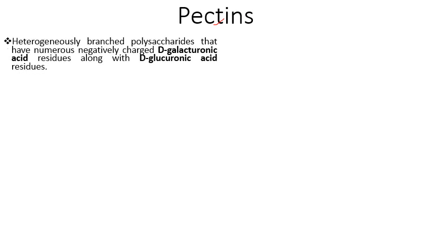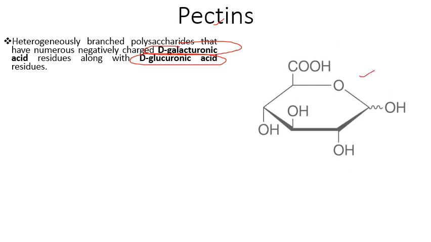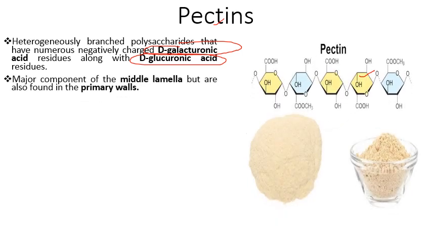This is a heterogeneously branched polysaccharide that has numerous negatively charged D-galacturonic acid residues along with some D-glucuronic acid residues. तो दो तरह के सबयूनिट से बना होता है, that is galacturonic acid and D-glucuronic acid. They combine to form this structure that is called pectin, and it is the major component of the middle lamella, but also found in primary cell walls.